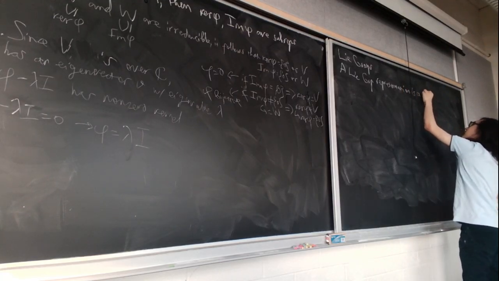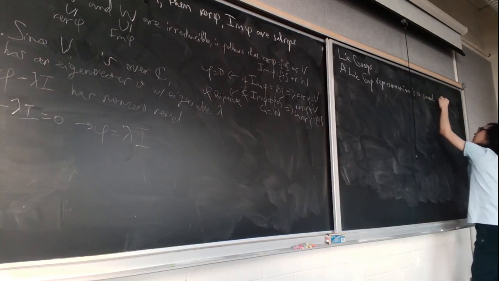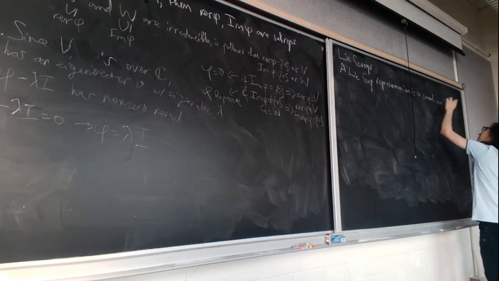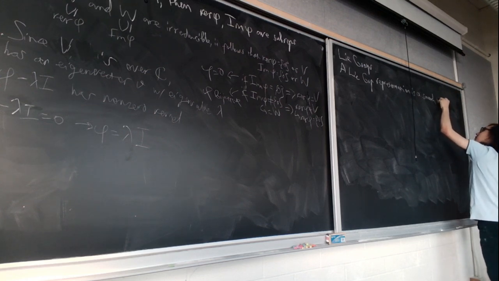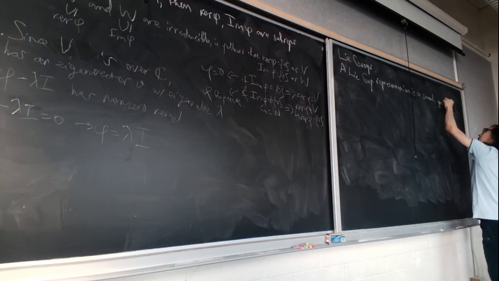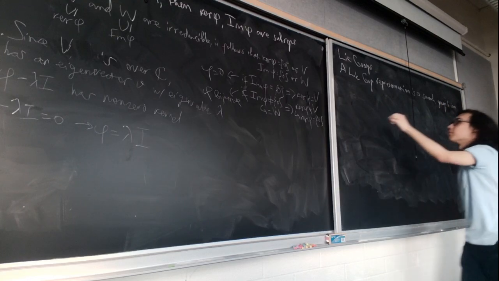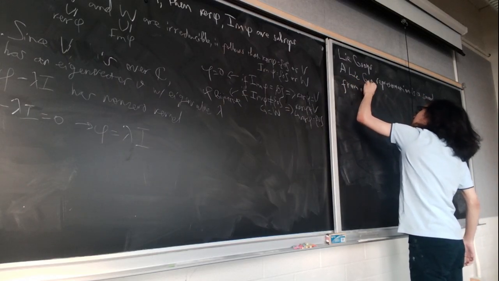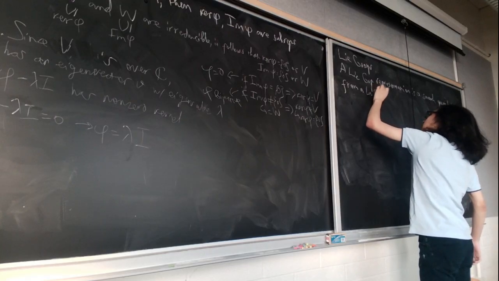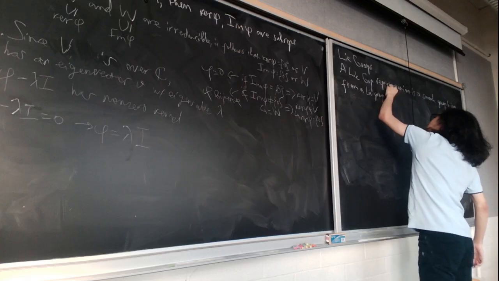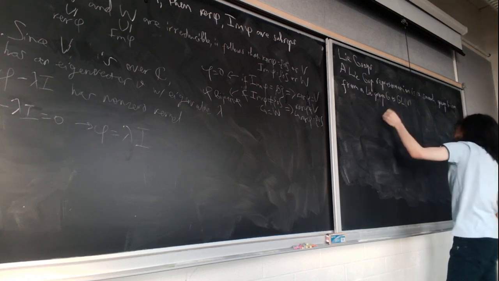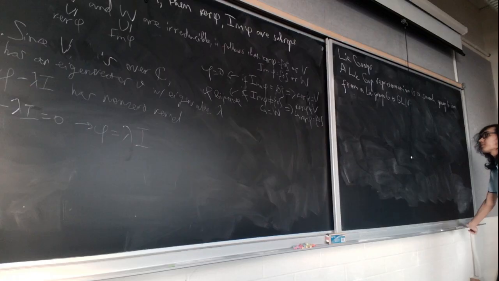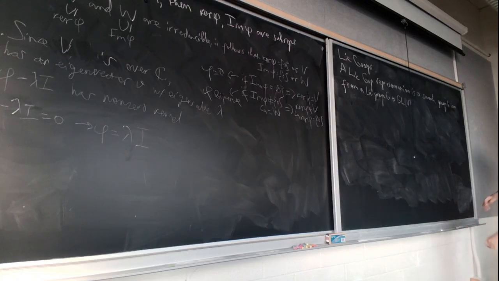It is a smooth map, a smooth homomorphism in fact, from a Lie group G to GL(V) for some vector space V. So this is a smooth group homomorphism.